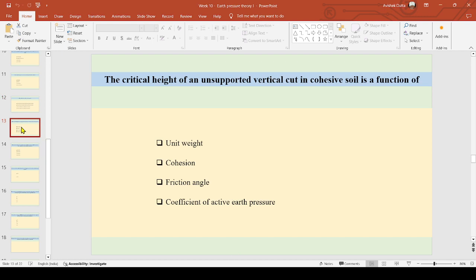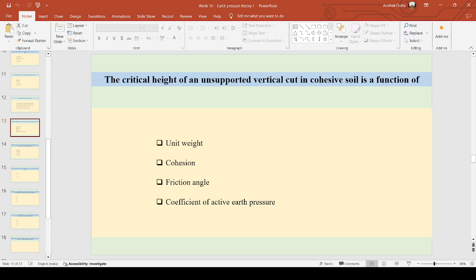This is a multiple select question, so more than one answer might be correct. Question is, the critical height of an unsupported vertical cut in cohesive soil is a function of. If anyone knows the formula, it will be very easy for him.